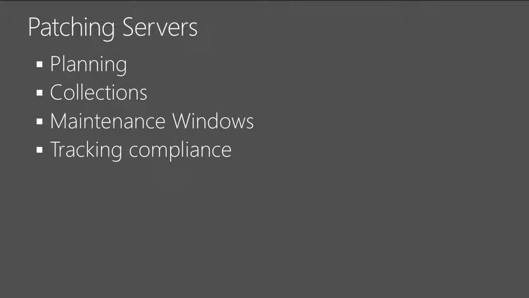So you might have like 8 servers, and only one of them can be down. And once it's up, it's not enough to be compliant. You also need to run some scripts maybe to figure out if this service is running and if that service has started, and so on and so forth. So planning for patching servers in the data center might be a little different compared to patching clients.